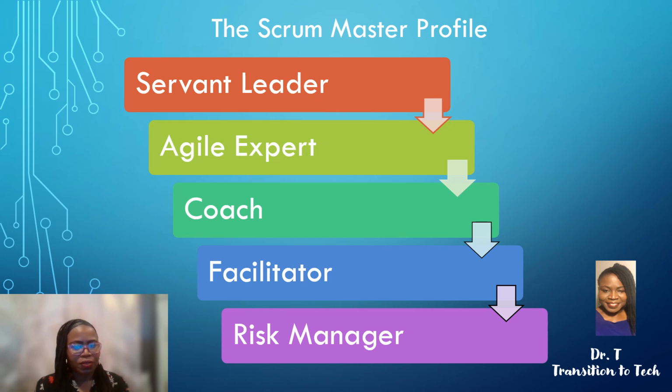You're the coach. So you're coaching your team, and if there isn't an agile coach at the enterprise level, you may have to coach leaders and other teams on how to navigate and how to best function within the Scrum framework. So you're a coach.